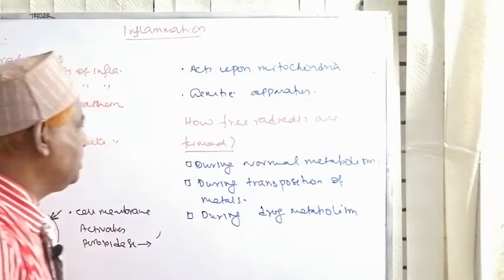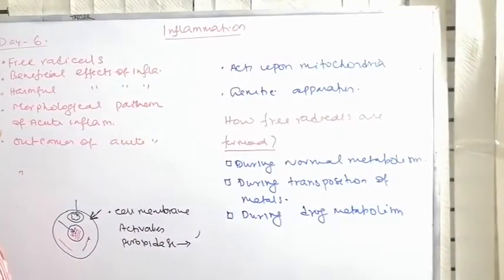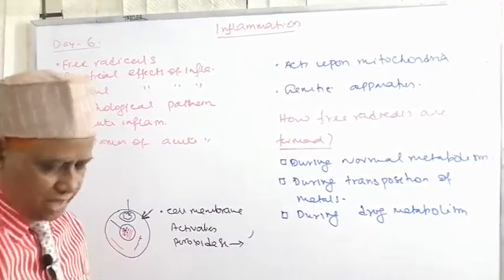So free radicals are formed during normal metabolism, during transposition of metals, and formed during drug metabolism.